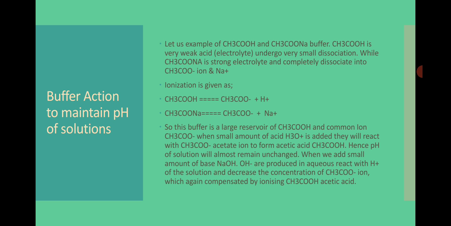the hydroxyl ion OH negative, produced due to ionization in aqueous system, reacts with hydrogen ion present in the buffer system to produce water. The hydrogen ions in the buffer system, which decrease in concentration, are compensated again by the ionization of acetic acid into acetate ion and hydrogen ion.